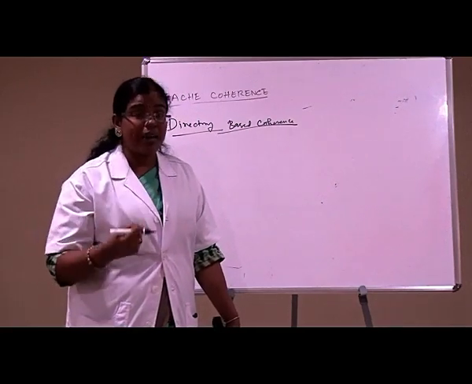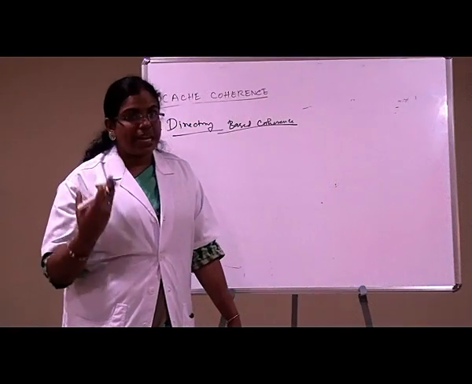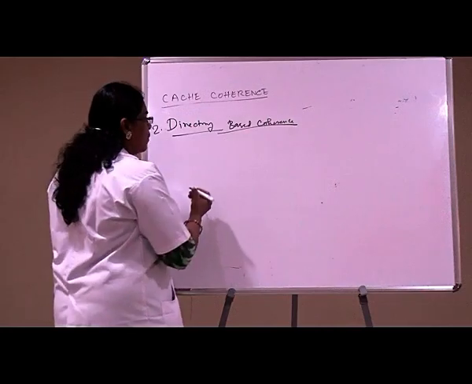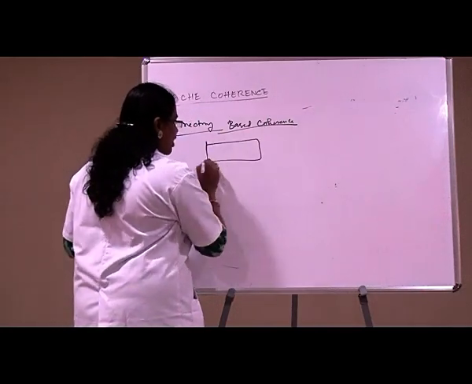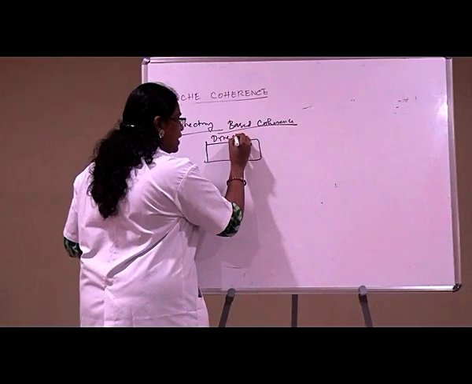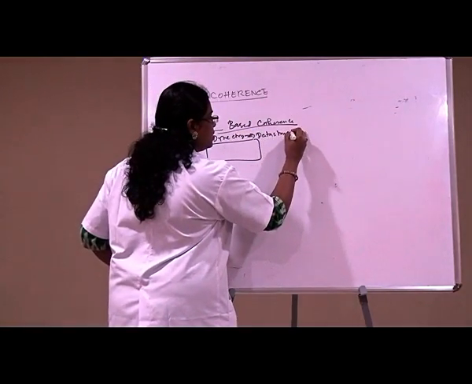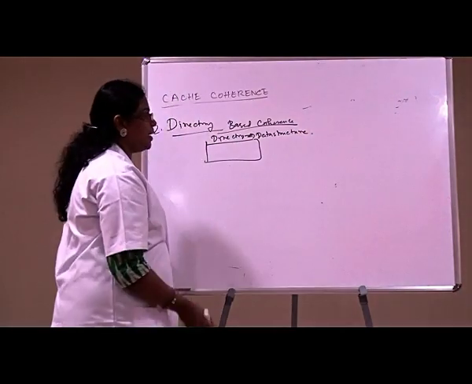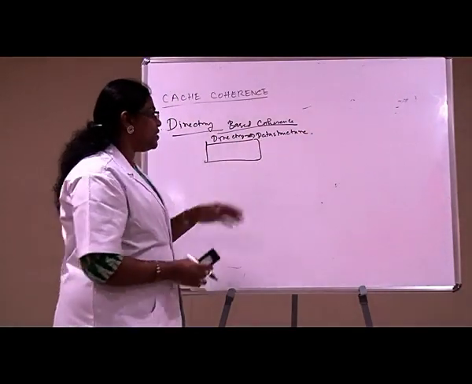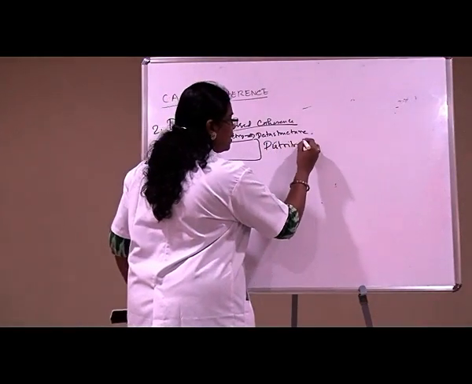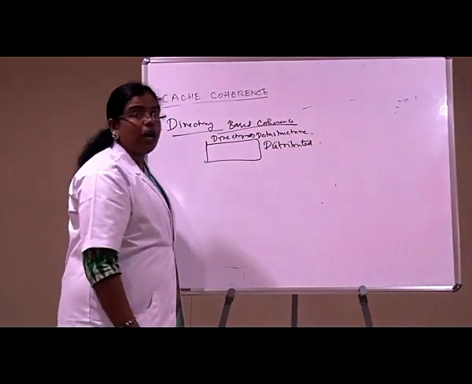These drawbacks made us go for the next type of approach, called the directory based coherence approach. In this approach, I will have a directory. The directory here is a data structure, and this data structure is distributed among all the cores.